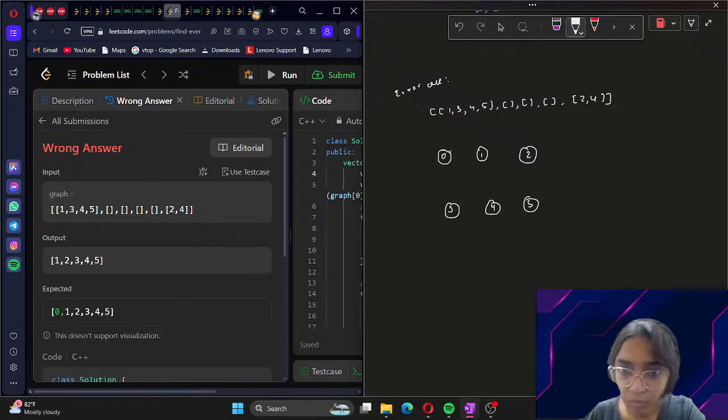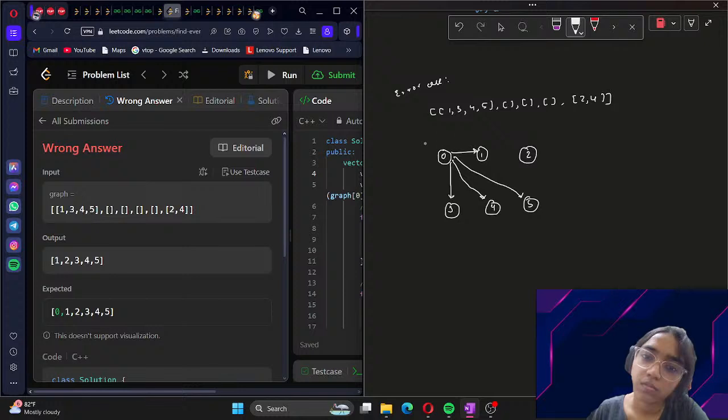From 0 we have outgoing edges to 1, 3, 4 and 5.